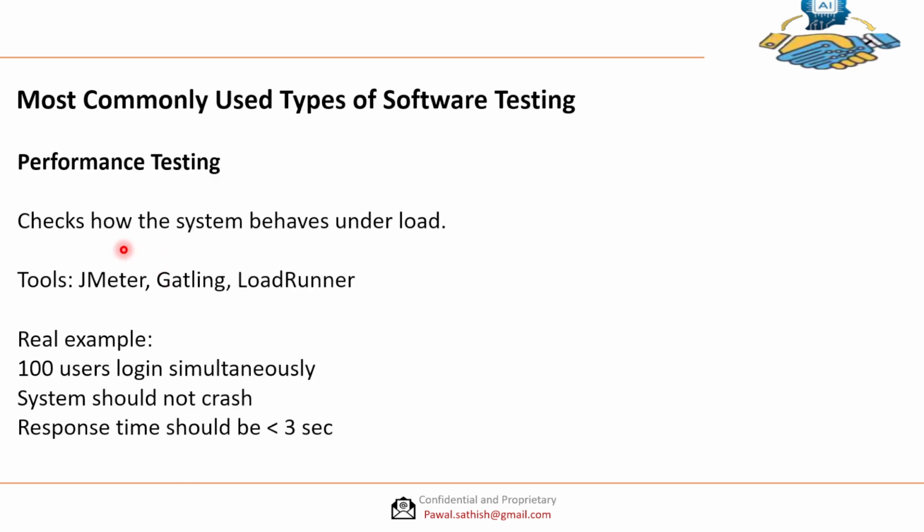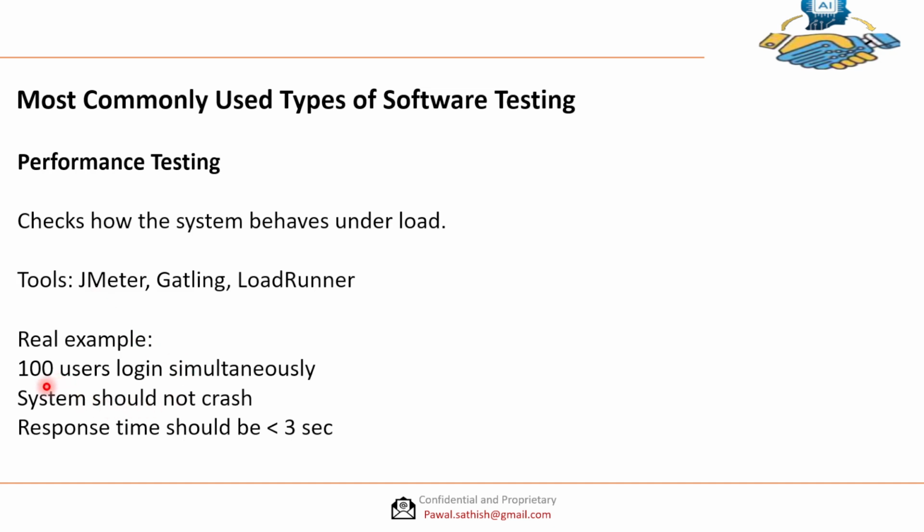The next is performance testing. It checks how the system behaves under load. For this, we are using JMeter, LoadRunner, and Gatling. For example, if we want to test 100 users logging in simultaneously, manually this is not possible. That is the reason we are using JMeter.